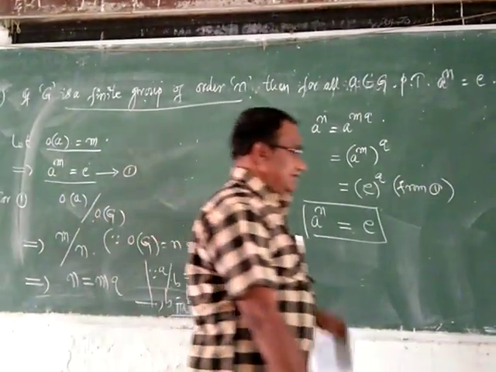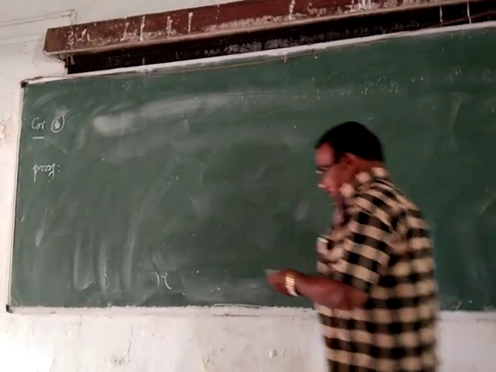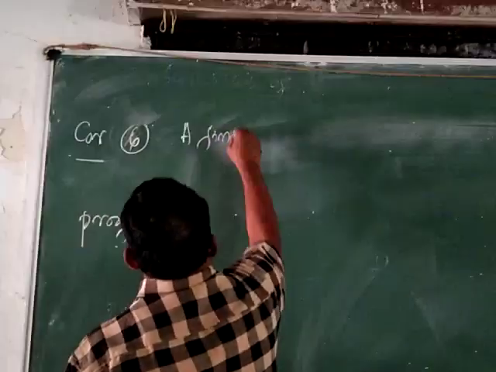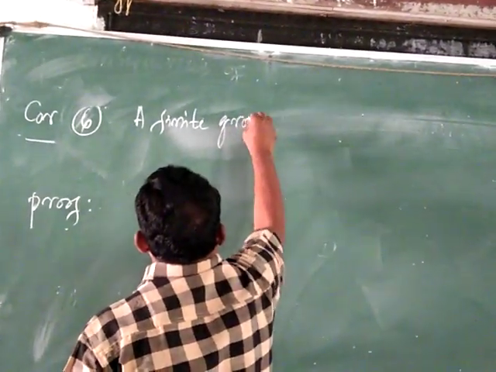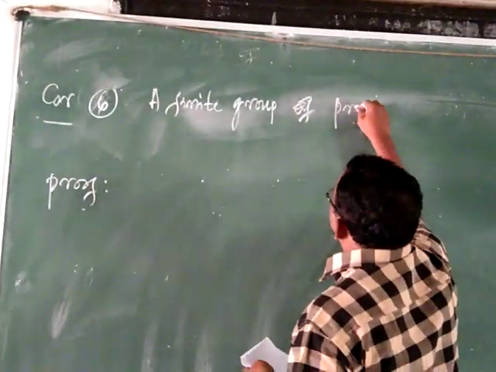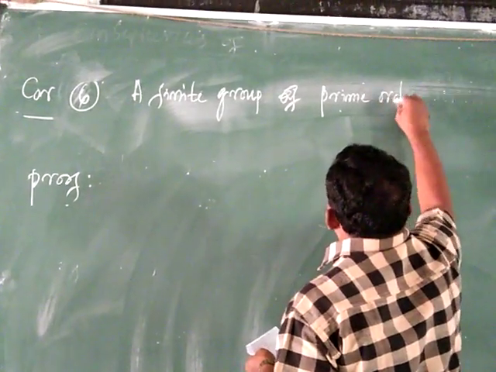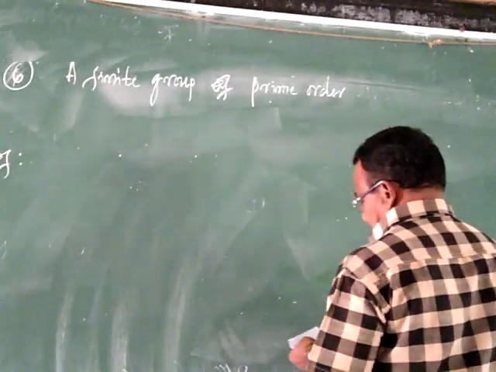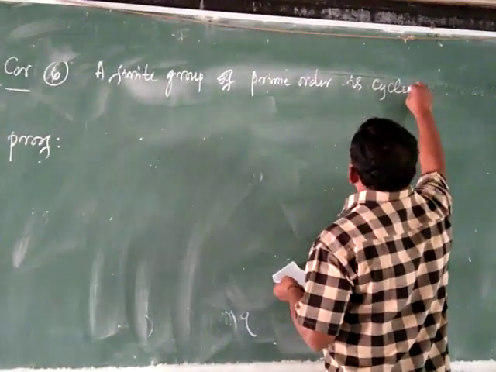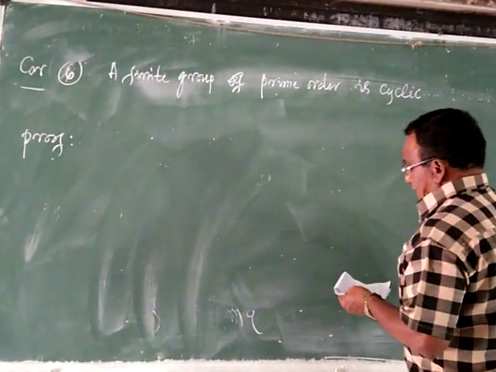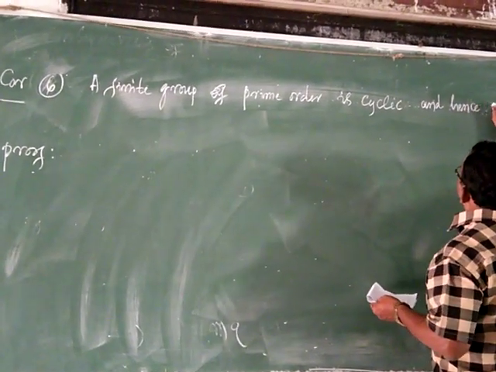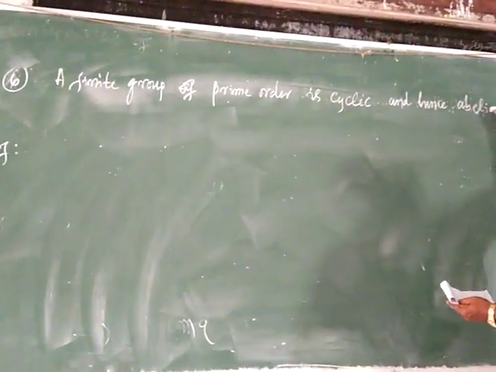Corollary 6: a finite group of prime order is cyclic and hence abelian.